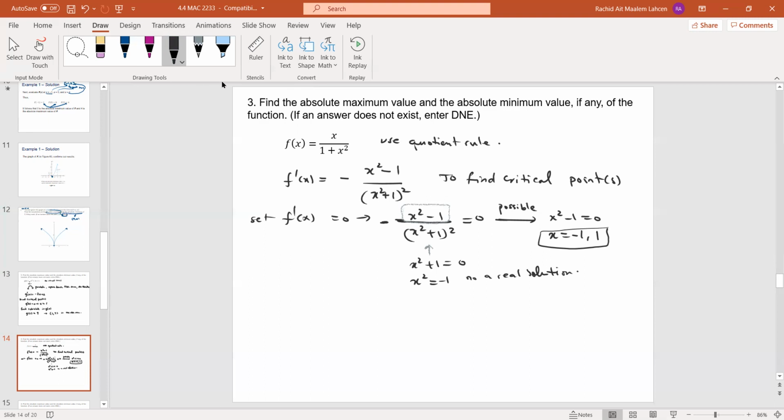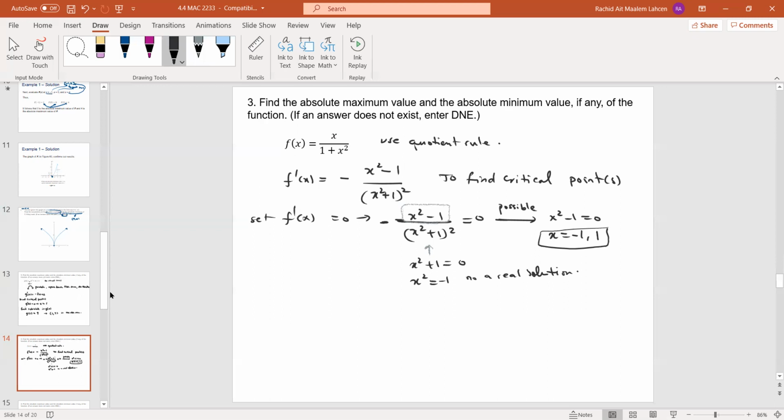So that's a check for it. Because critical point, of course, has to do with making the function discontinuous or making it equal to 0. So now we have two numbers that make it 0. After this, we can go ahead and check.